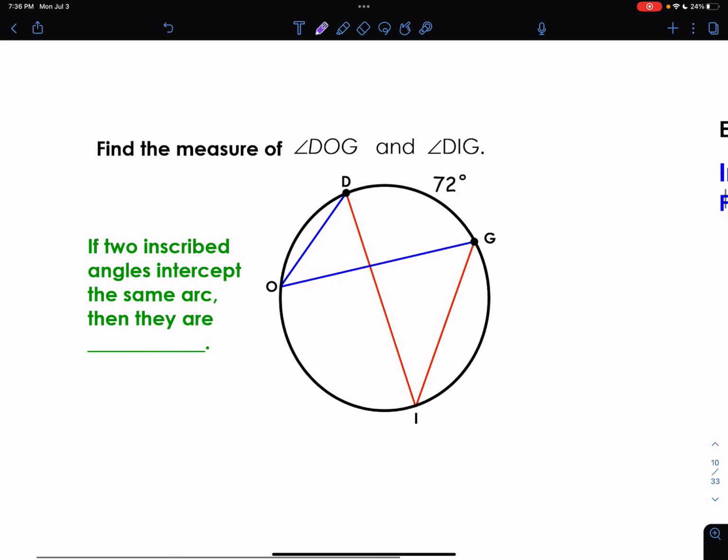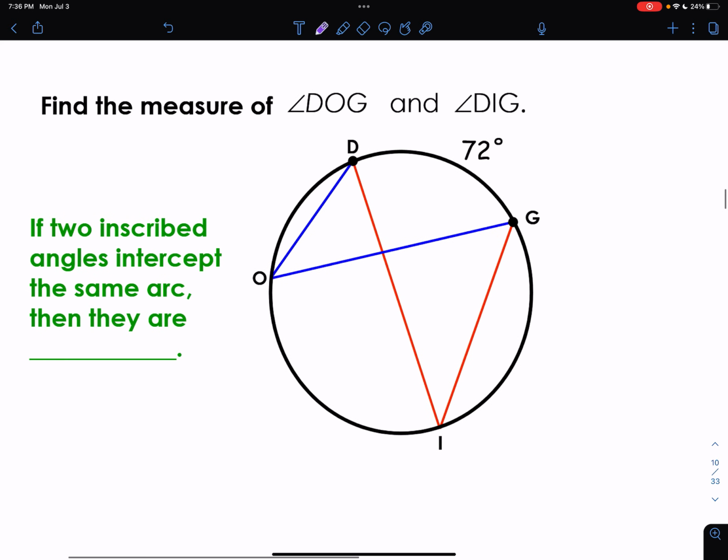All right, let's take a look at this one. We're looking to find the measure of angle DOG. That would be this one. And the measure of angle DIG, this one. All right. And if I take a look at angle DOG, highlight it, I can see that it is intercepting this 72-degree arc.